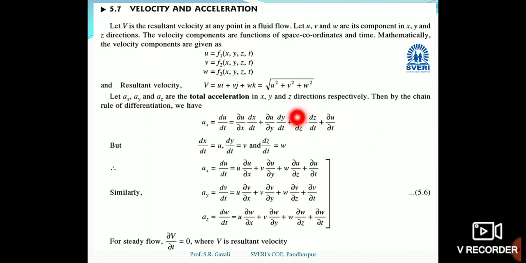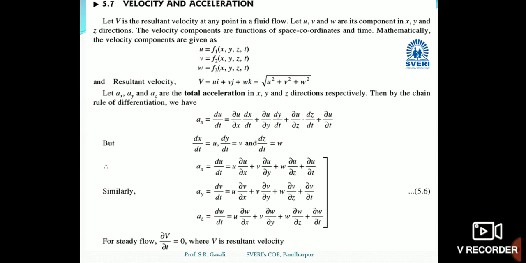Then the velocity components we have to calculate. Let us say V is the resultant velocity in a fluid flow, and u, v, w are the velocity components. Here u is a function of x, y, z because it is three-dimensional flow, F1 of the three space coordinates x, y, z and time. v is another function of x, y, z, t. w is F3 of x, y, z, t.